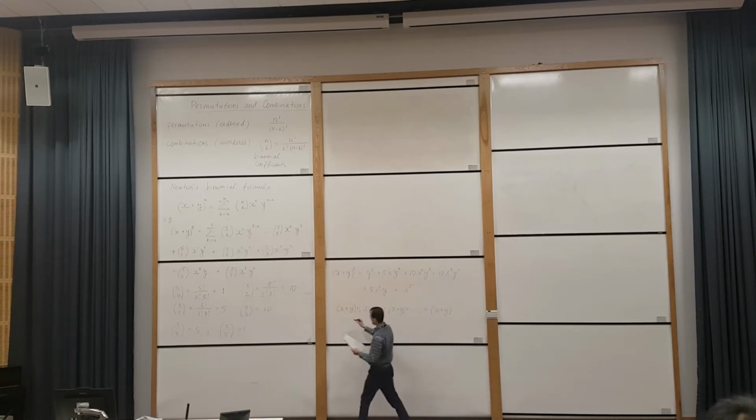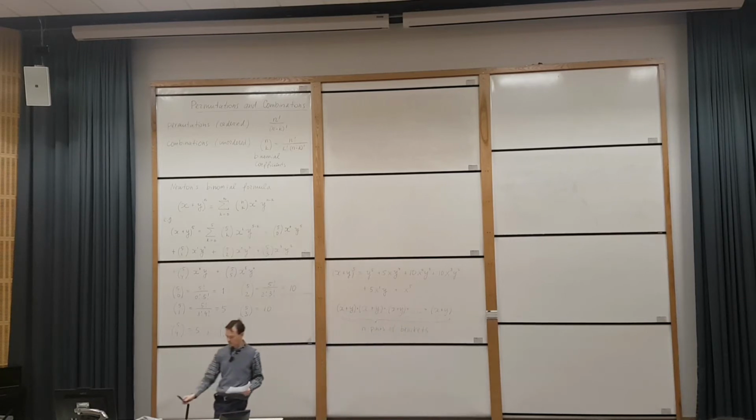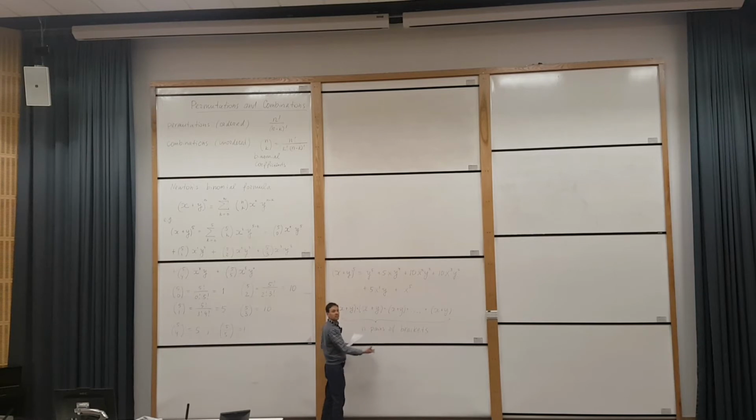And if the power is n, then we have n pairs of brackets. And how do you expand them by hand? Right, from each pair of brackets, you would pick either x or y.